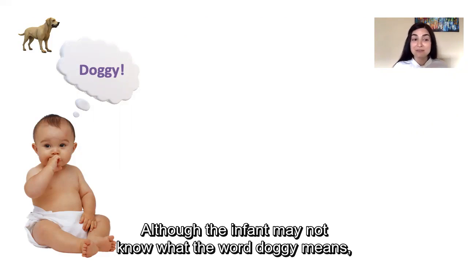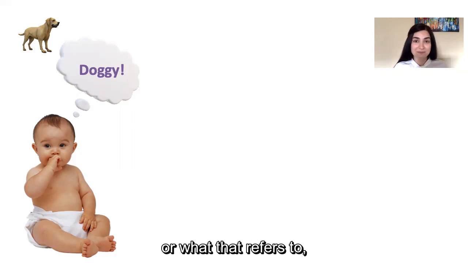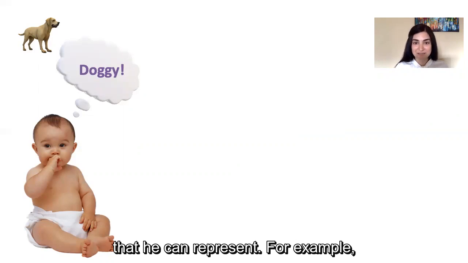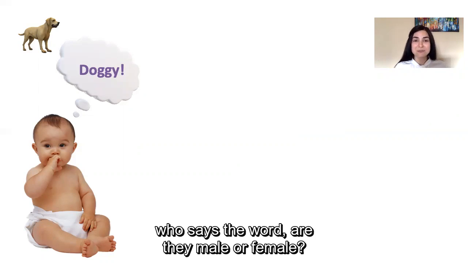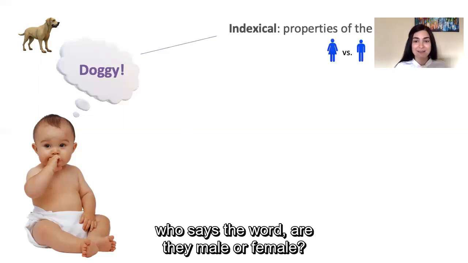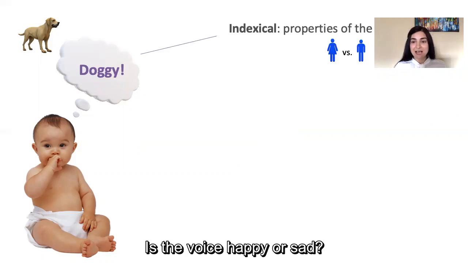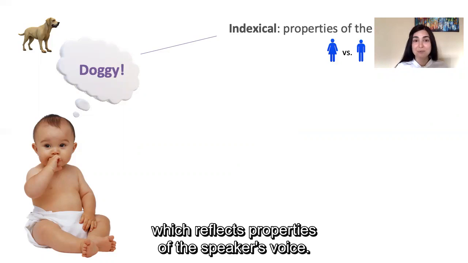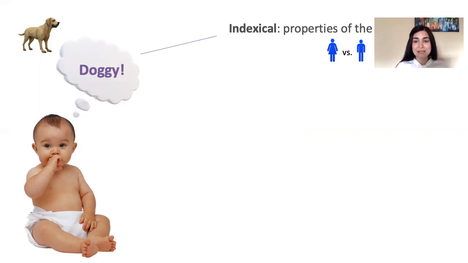Although the infant may not know what the word doggy means or what it refers to, there are different types of acoustic information that he can represent. For example, who says the word? Are they male or female? Is the voice happy or sad? These are examples of indexical information, which reflects properties of the speaker's voice.